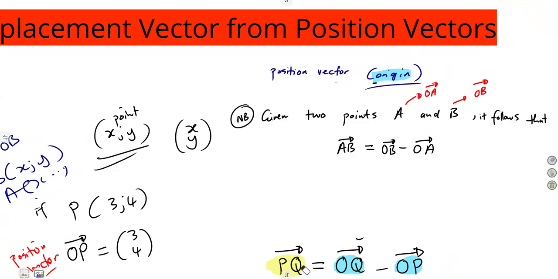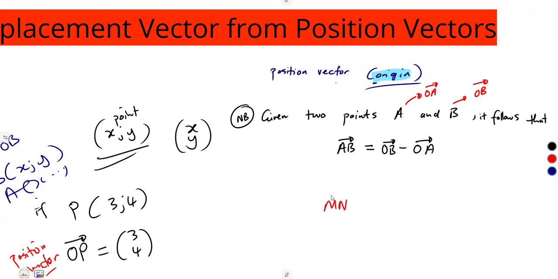This is the same concept: PQ, Q minus P. If we are given something like MN, to find vector MN, it means N minus M. So that's ON minus OM, position vectors.